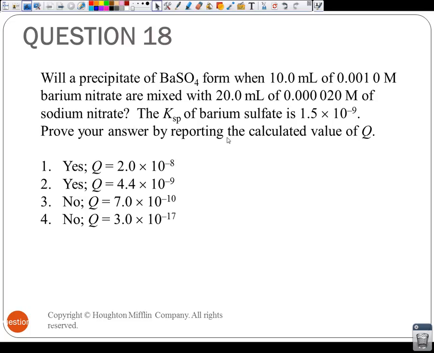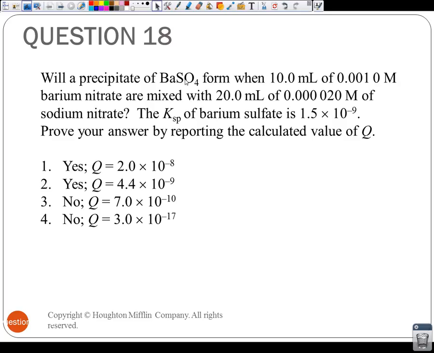Prove your answer by reporting your calculated Q value. Essentially what you would have to do is solve for Q using these values. It's a difficult process, that's why I'm not spending time on it. It's one of those that they ask you about, will a precipitate form? Congratulations, you got us. I'm moving on to the next question. I can't spend time on this, but it's easy, but it takes about a day's worth of lecture. And I may do it after spring break just so you can see it, so you know what it is, but it will not be tested on our channel.